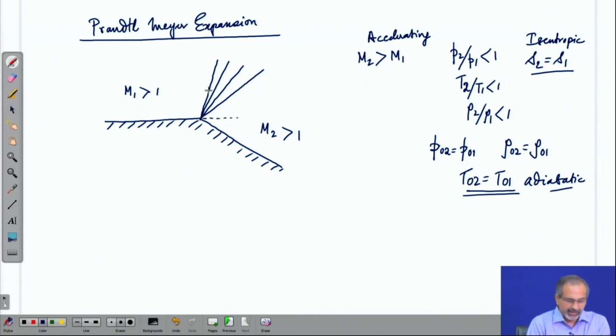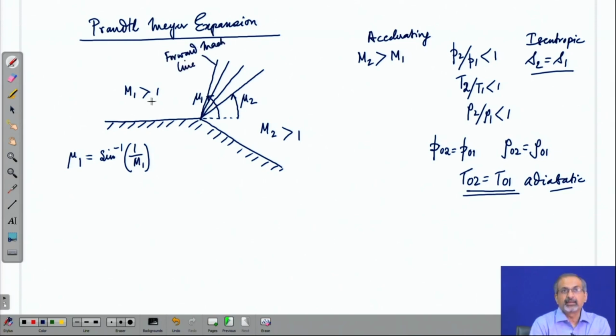Now, these angles are very special. This angle is mu 1, the other one is mu 2. We have discussed them earlier when we talked about Mach waves. So, we will call this the forward Mach line.